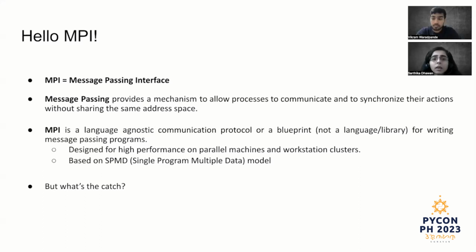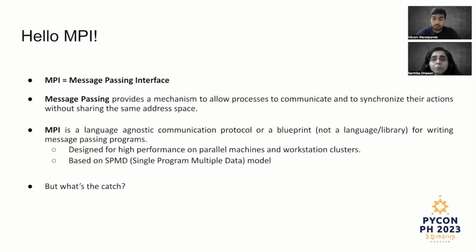And MPI is SPMD, which stands for single program, multiple data. There's the same program, but it is run on multiple processes, and every instance of the program knows which part of the computation it should perform, and the results of the computation are combined later.